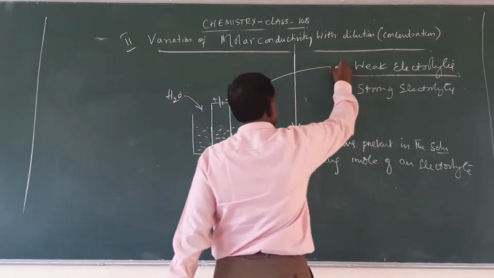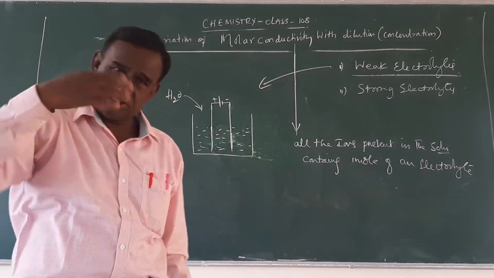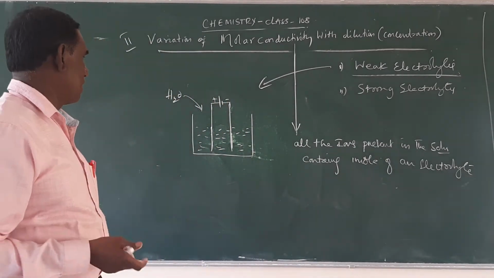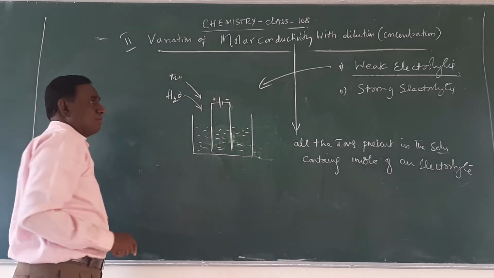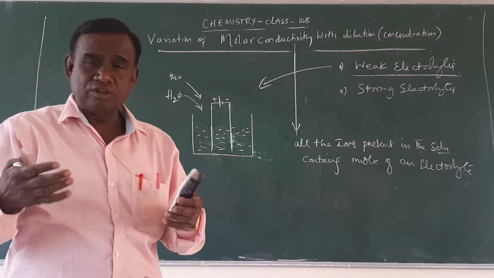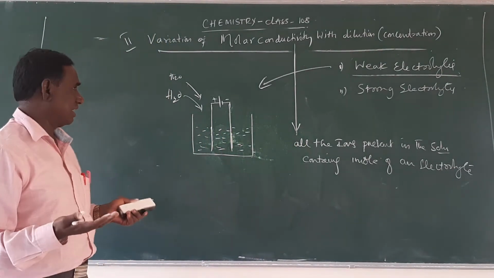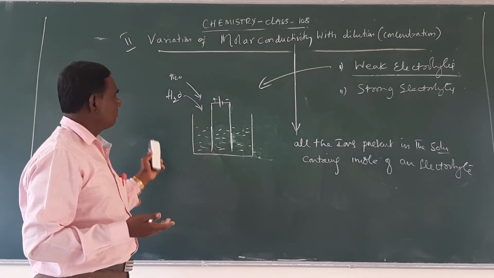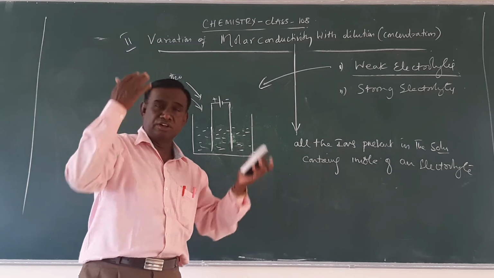Now the first case is the weak electrolyte. The weak electrolyte solution contains ions as well as undissociated molecules. Therefore, as water is added more and more, the undissociated molecules dissociate, giving more number of ions. So as the dilution increases, the number of ions also increases due to the dissociation of undissociated molecules.